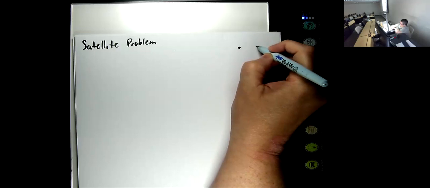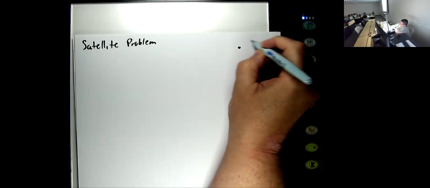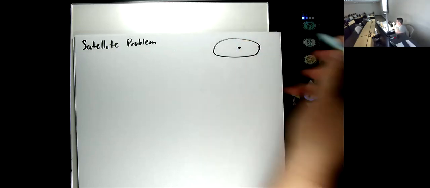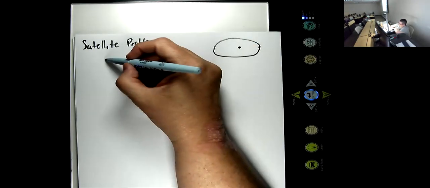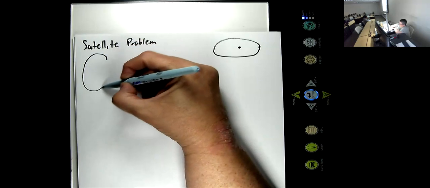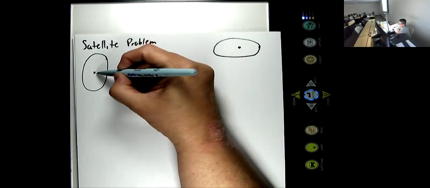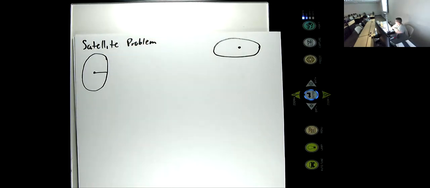I first drew this, and then I realized this isn't right, not the way I want it to be. It says theta is measured from the point on the orbit nearest the Earth, perigee. So if I want to treat theta the way I like theta, I've got to make it like a vertical thing. That way, that is the perigee.